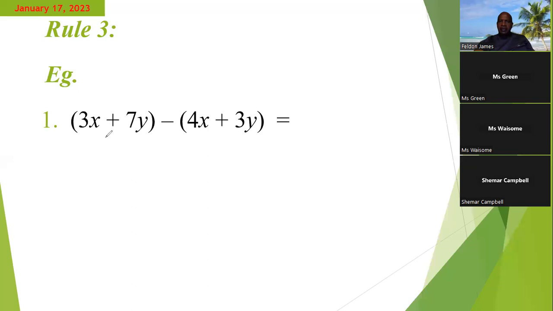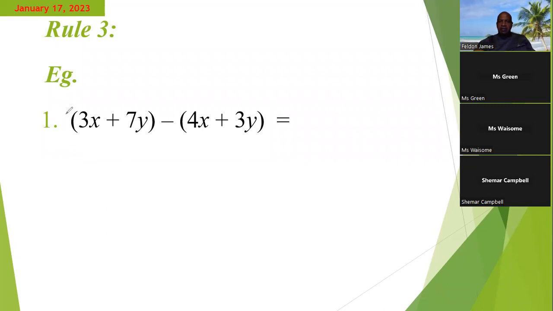So the procedure should be you remove brackets first, then you add or subtract like terms together, right? That is how we go about simplifying it. But then my question was, for this first expression, how do we go about removing the brackets? And so that was the question.